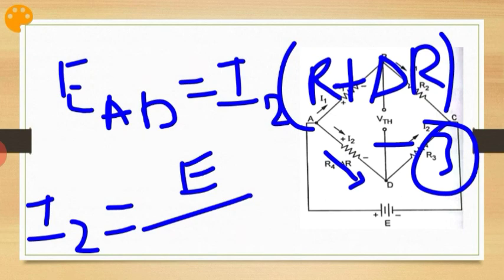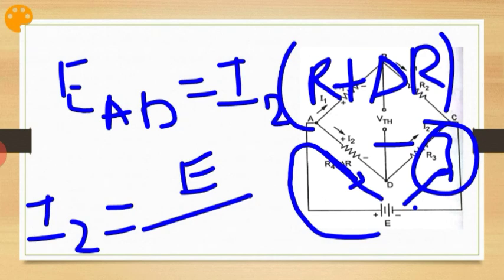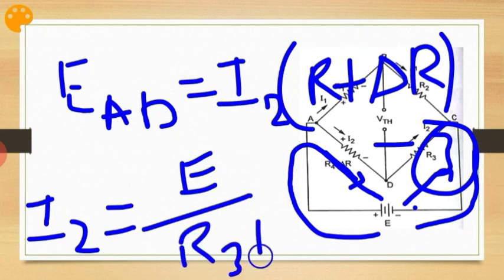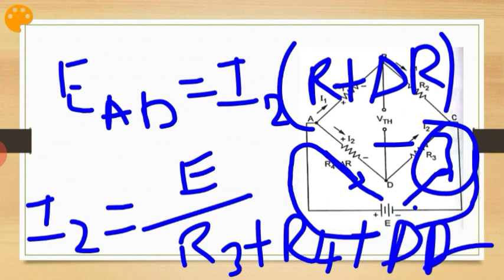The current I2 will flow from the source in this direction, from point A to point D. In that path A to D, the resistance is R4 plus delta R. Next, from D to C, the resistance is R3, and back to the supply. So the total resistance is R3 plus R4 plus delta R. This is my equation 4.